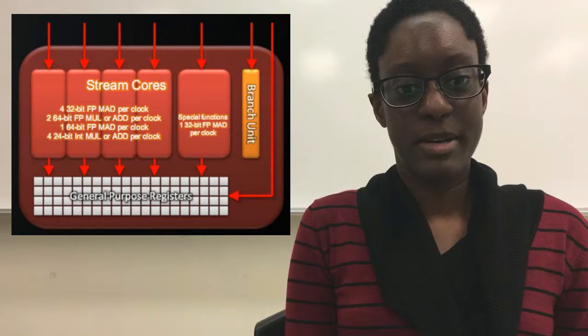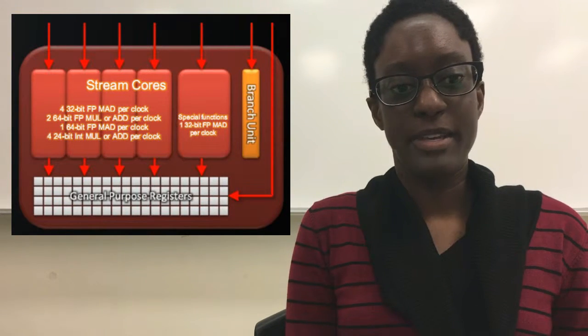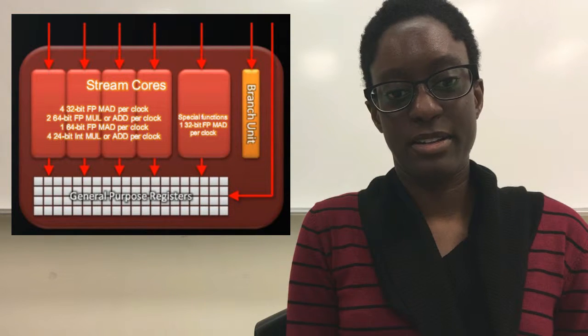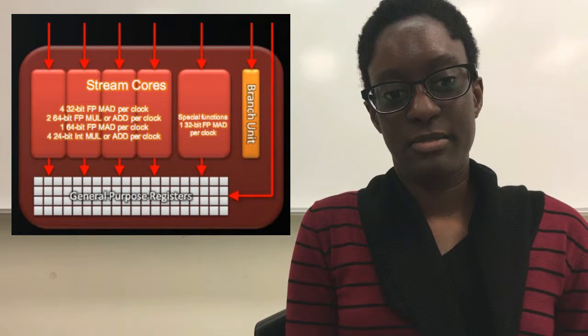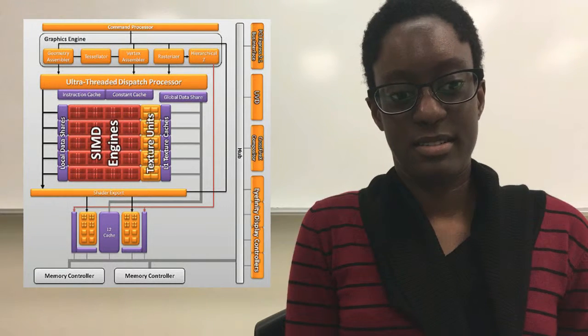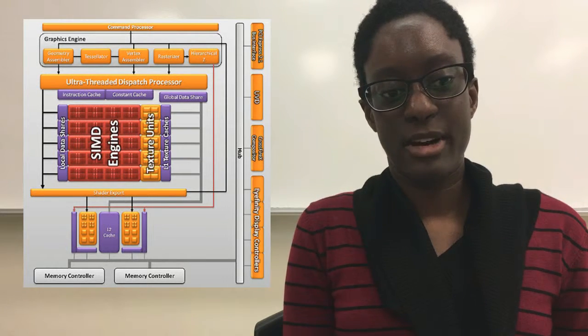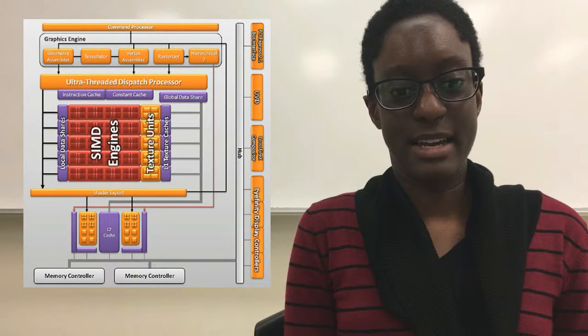The 5th computes special functions and the 6th computes differently from the other 5, with the added ability to manage the productivity of the other 5. This arrangement of blocks is called the Arithmetic Logic Unit, or ALU. The ALUs are arranged into SIMD engines, also known as Single Instruction Multiple Data engines, with 80 ALUs per SIMD and up to 20 SIMD engines per GPU.